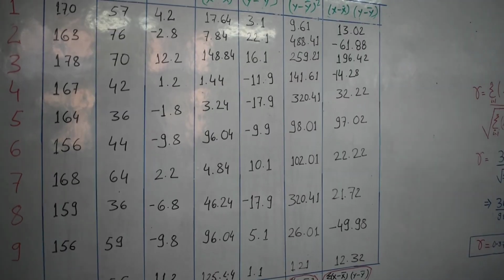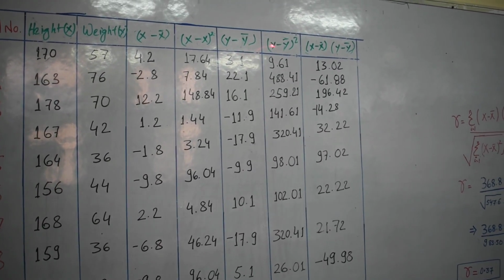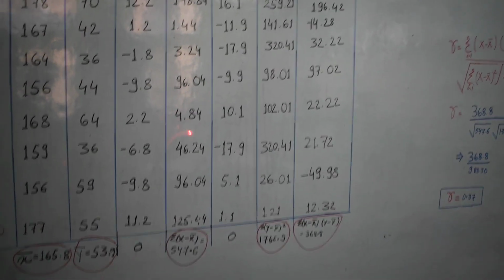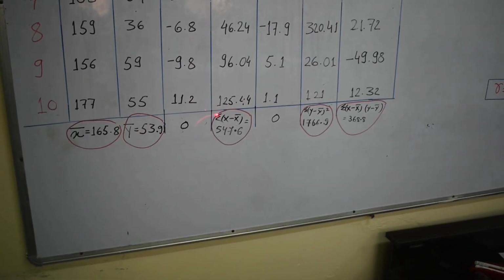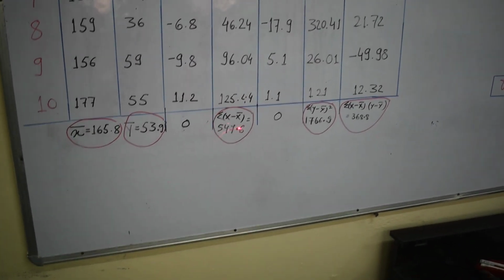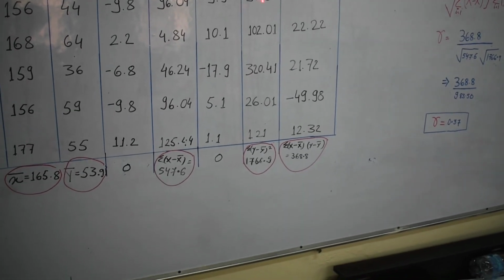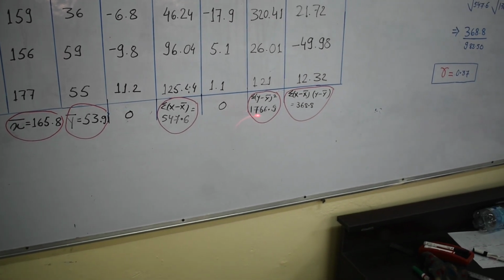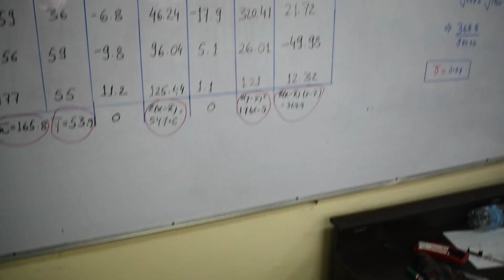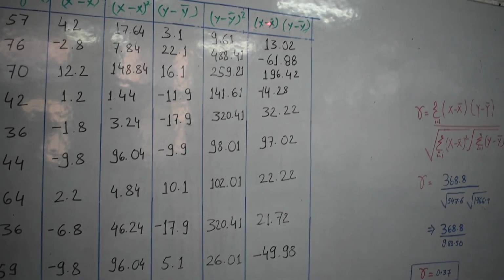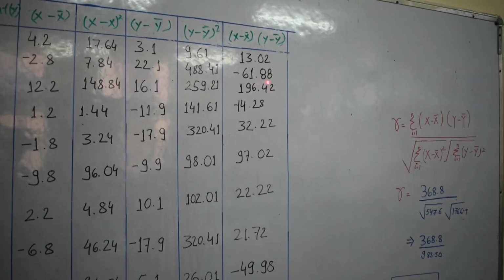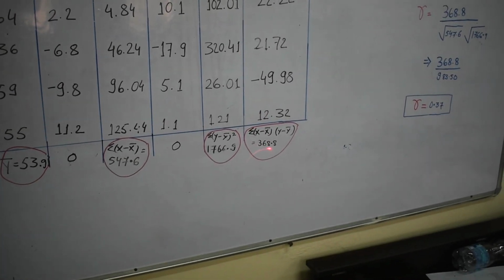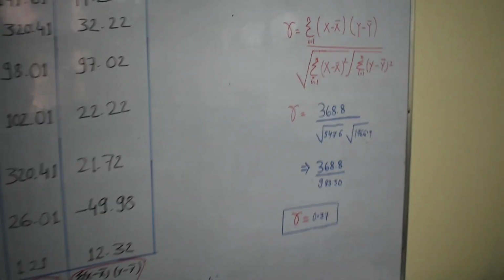Similarly, deviation from y and deviation from y squared. The summation of deviation from x squared is 547.6. Similarly, deviation from y squared is 1766.9, and the product of deviations is written here. The product of deviations is 368.8.